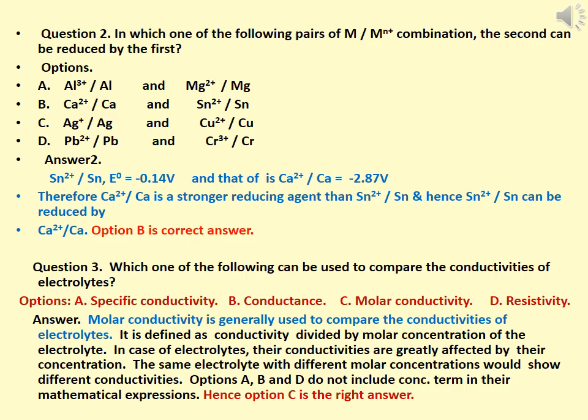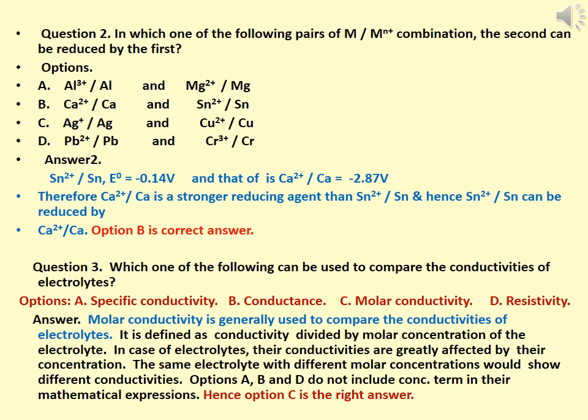Now, to answer this question, we need to remember that conductivities of electrolytes are greatly influenced by the concentration. So, you choose that factor in whose mathematical expression the concentration term comes.